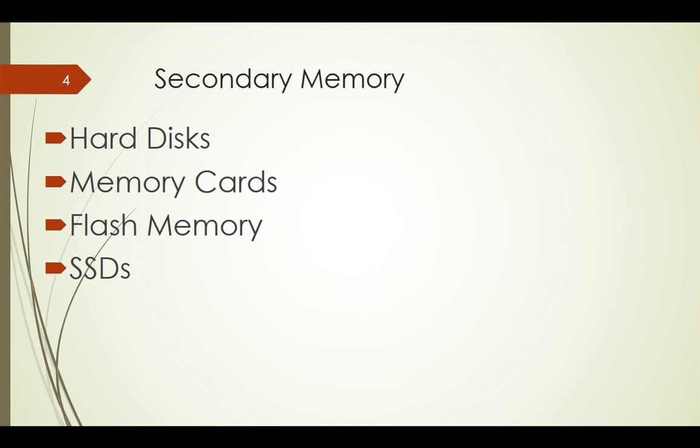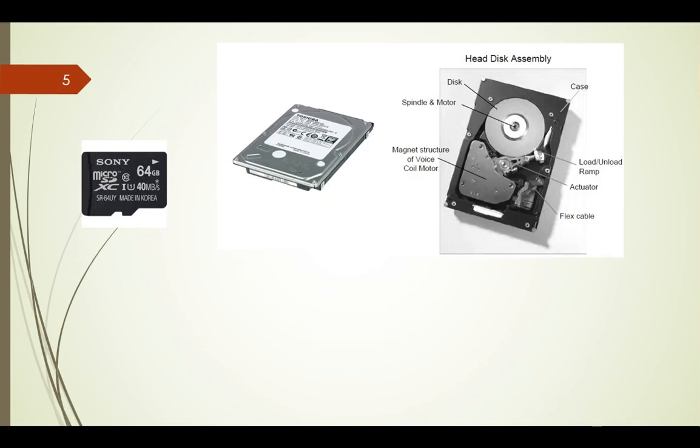Flash memory I have already explained, it comes into the picture in the case of microcontrollers, and SSDs are also flash memory. So these are the types of secondary memory. This is the disassembled view of the hard disk, and this is a laptop's hard disk. I hope you have seen these things.